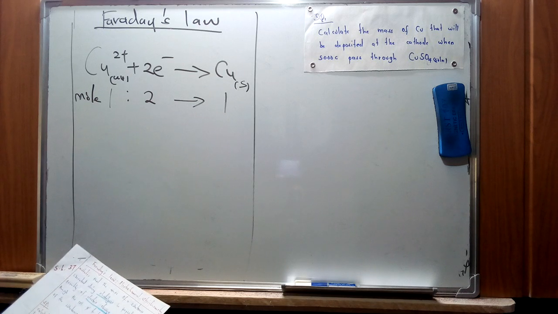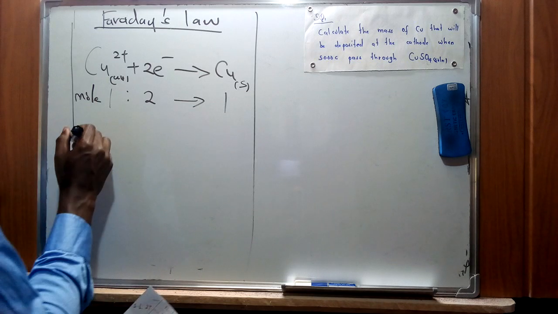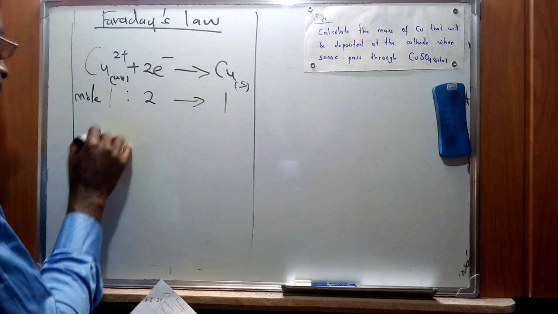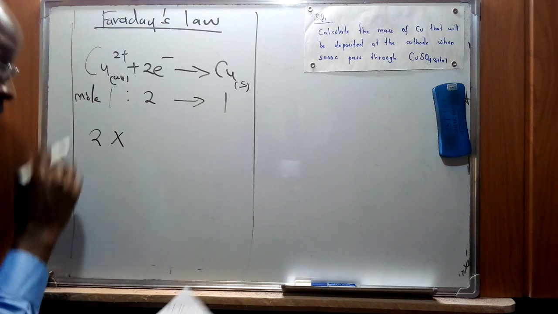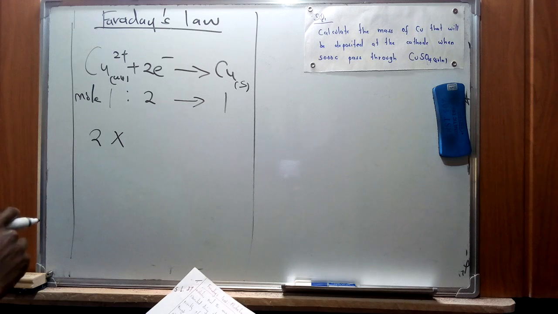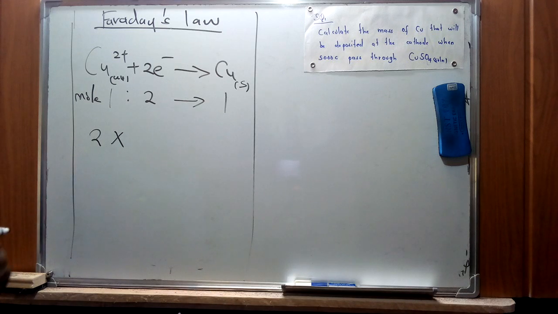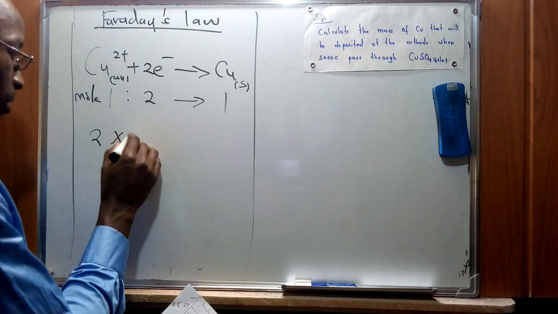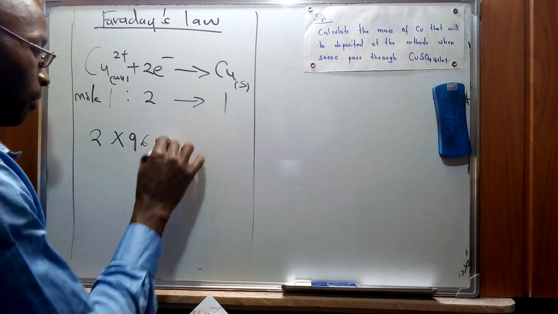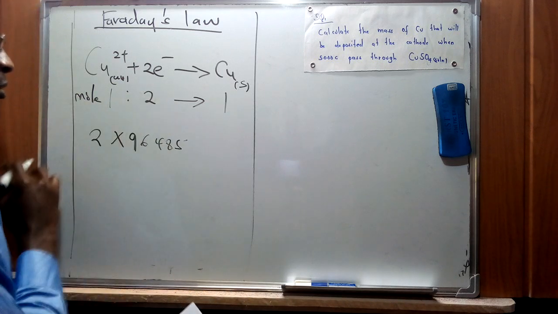So the relationship is going to be in terms of charge. We said that 1 mole of electrons consists of 1 Faraday of charge, which was 96,485 coulombs. For 2 moles of electrons, it's going to be 96,485 for 1 mole times 2 moles, which have been used here.